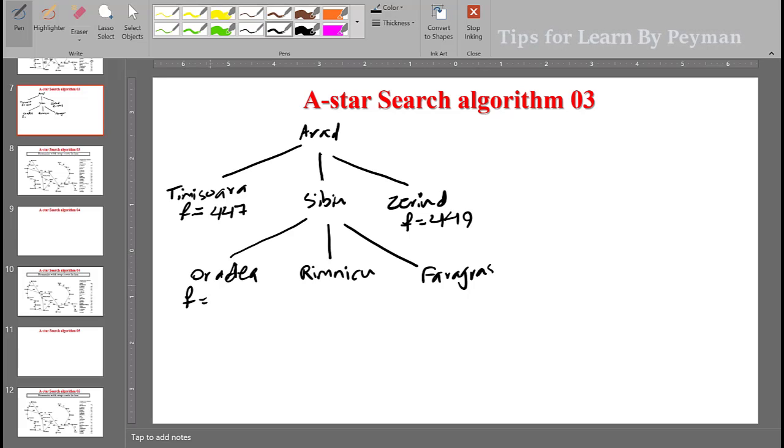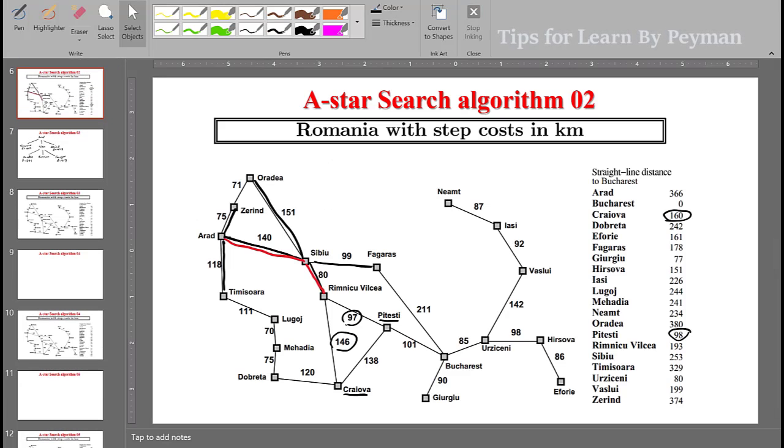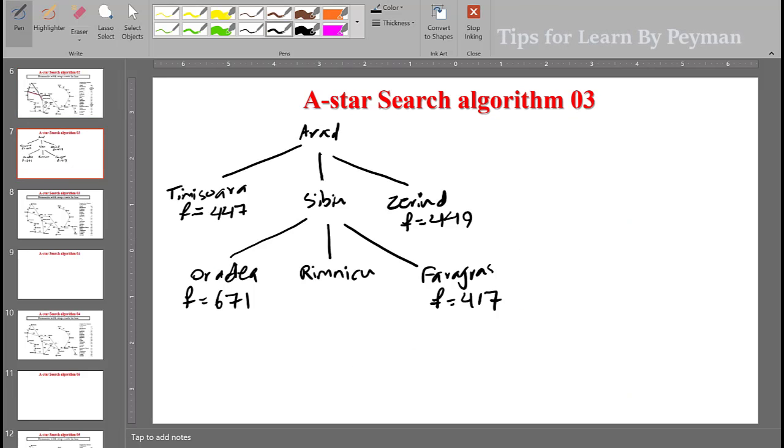The F value for Orada was 671. For Faragras it was 417. And when we open the Rimiju here, we have Pitesti and Craiova with values 97, 146, and 98, 160. So I write this here.